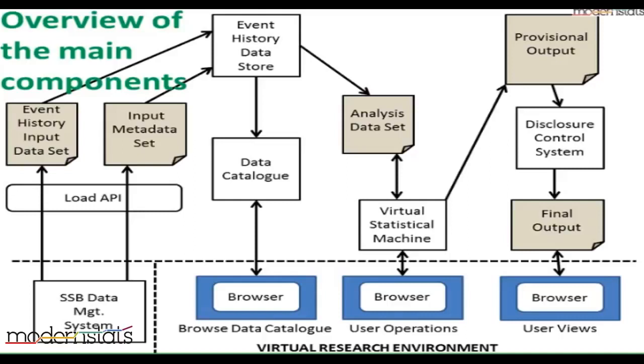The provisional output will then run through the disclosure control system to determine whether a final output can be produced for the user to see, or whether the user needs to change their request before they can achieve a final output, which respects the integrity of the subjects and does not disclose their identity.